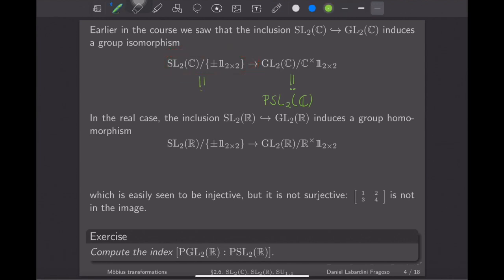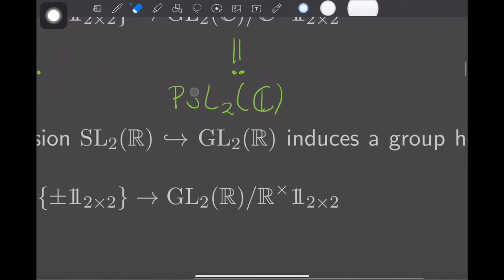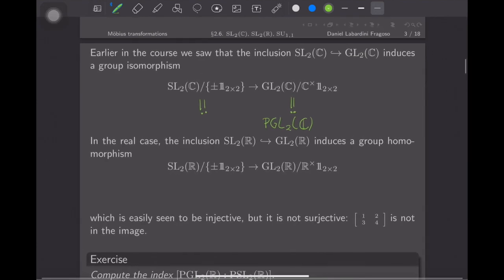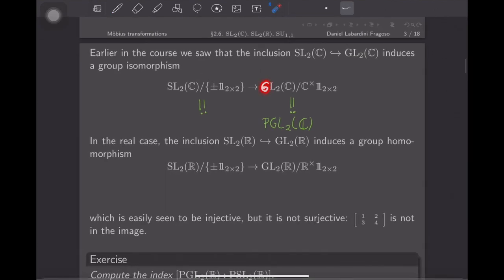Yeah, and sorry, here I should have written PGL2, for this group, right? Okay, and then here I write PSL2C, right? Somehow, conceptually, what I'm doing is in each group, I'm modding out by its center.